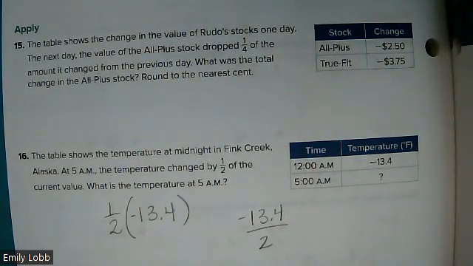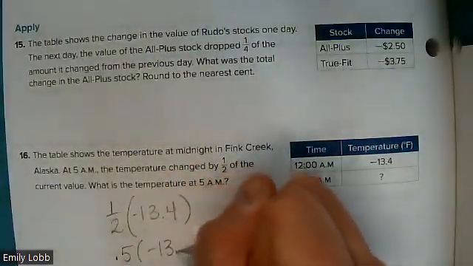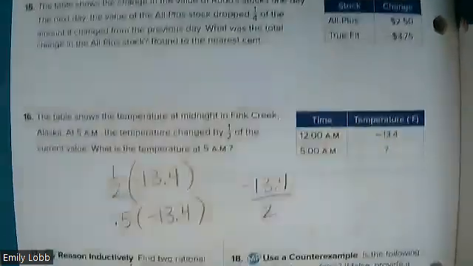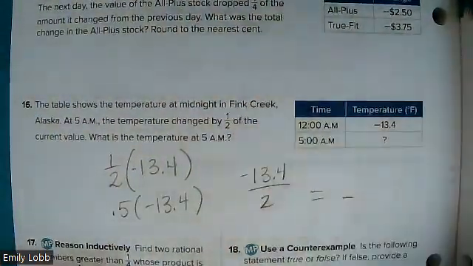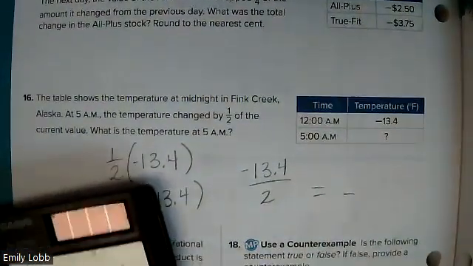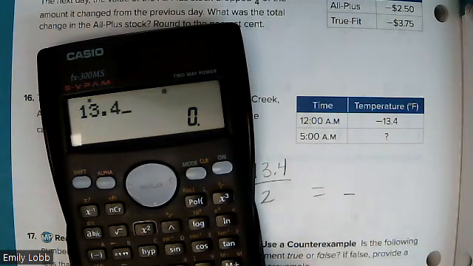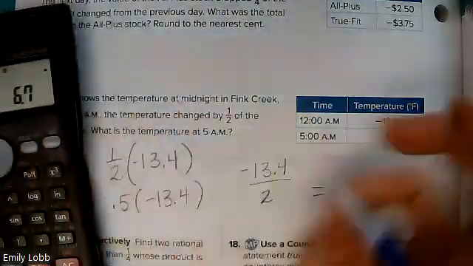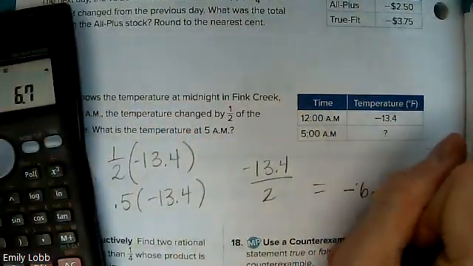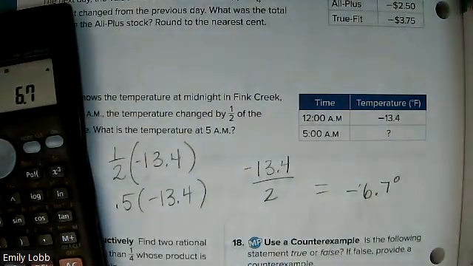But if you changed this to 5/10 and put that into your calculator, you should get the same thing. It's going to be negative still. So 13.4 times 0.5 is negative 6.7 degrees. And is that half of this? Always make sure your answer makes sense, right?